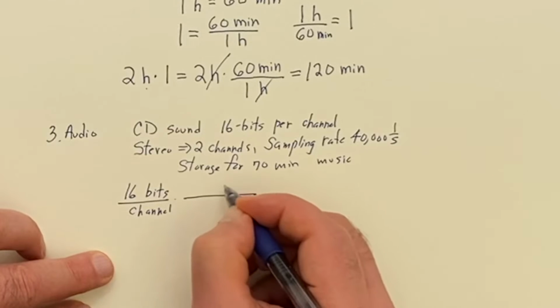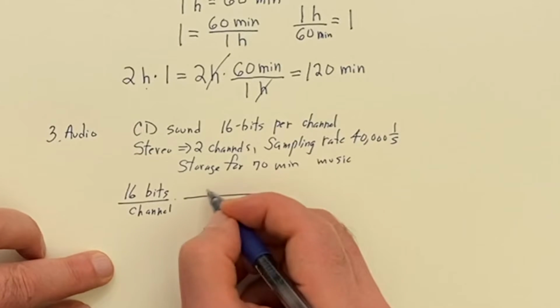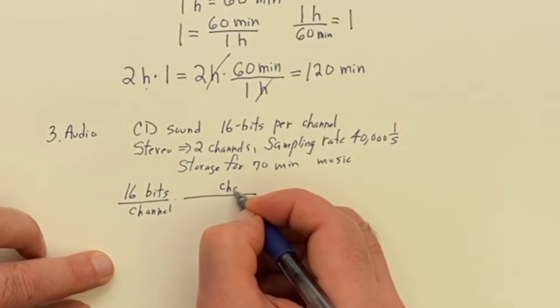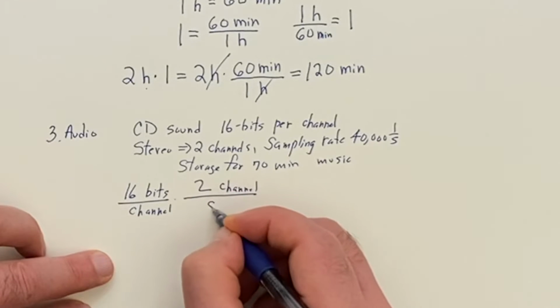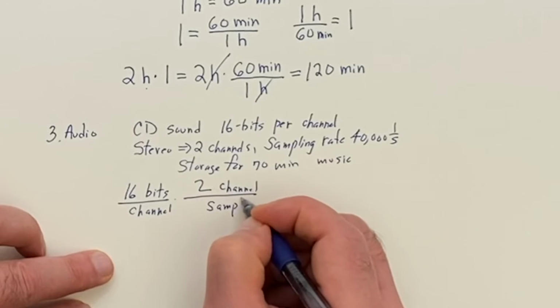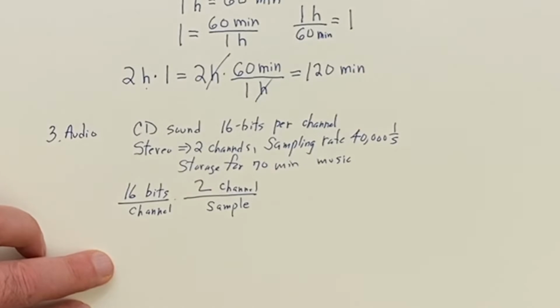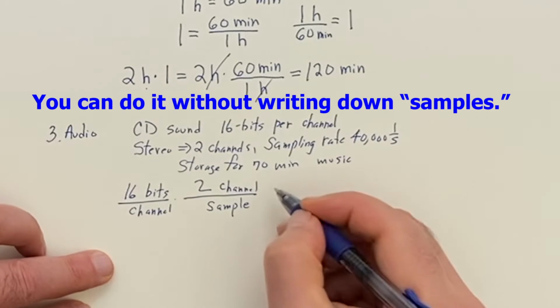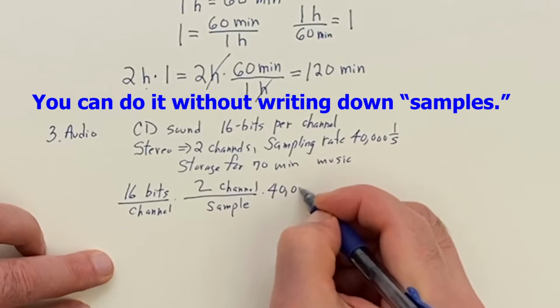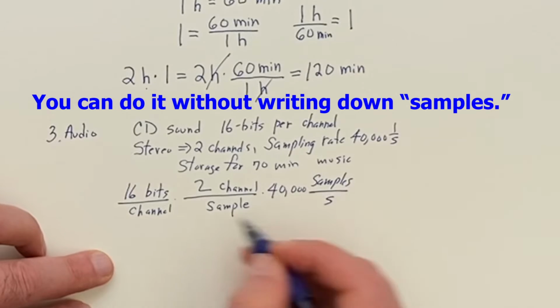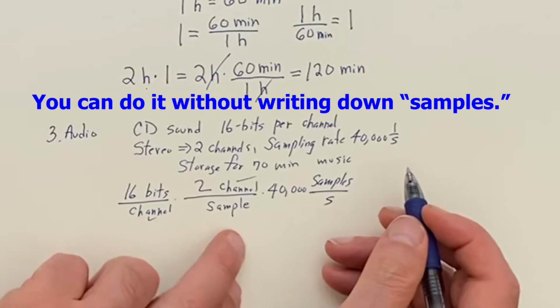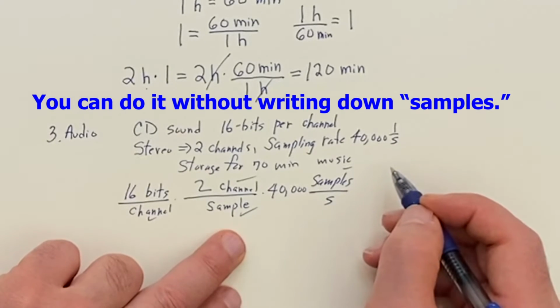I need to cancel the channels here. I got 2 channels that I have to deal with, per sampling. And I have 40,000 samples per second. And you can see now things are canceling. The channels are going to go away. The samples are going to go away.